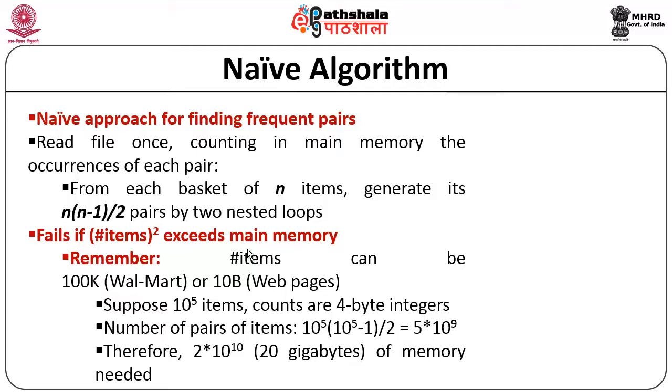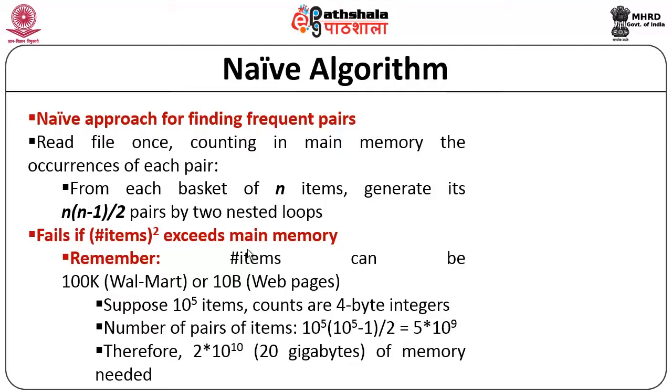So, you require a pair of loops, one loop for identifying one item and the other loop for representing the second item in the given pair. Now, this naive approach sometimes may fail, because generating n into n minus 1 is of the order n square.